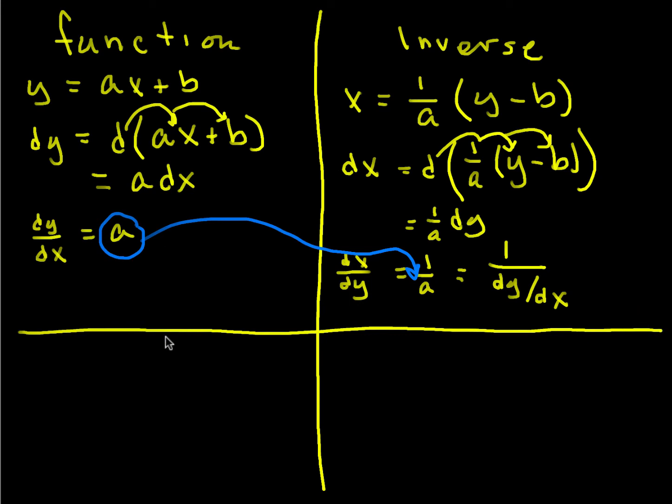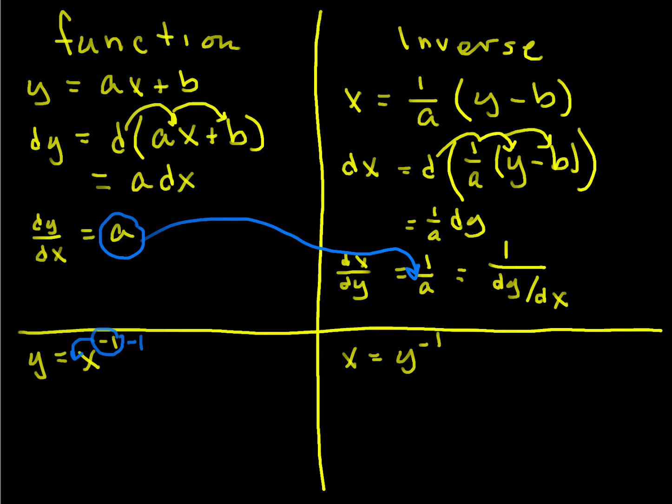So let's take a look at another one. How about y is equal to x to the minus 1. Then the inverse would just be x equals y to the minus 1. I'm going to do this real quick. This is just a simple power rule, right? My power is -1, so the exponent comes down and becomes my coefficient, and I subtract 1.